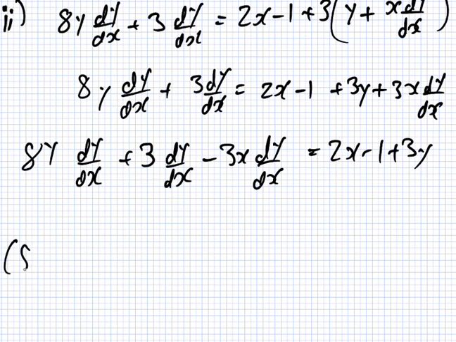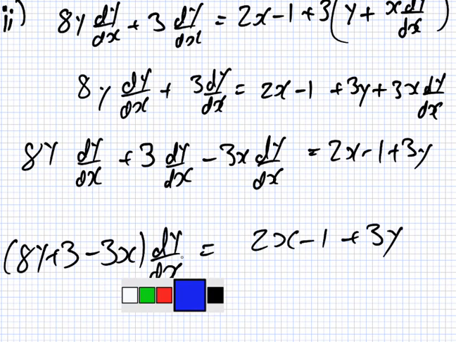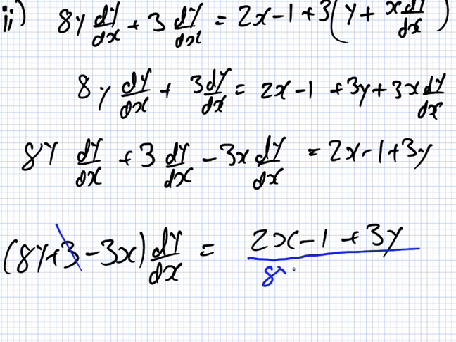So 8y plus 3 minus 3x, all times dy dx, equals 2x minus 1 plus 3y. I can divide by this and I have my answer. So now I need to put in my two answers.